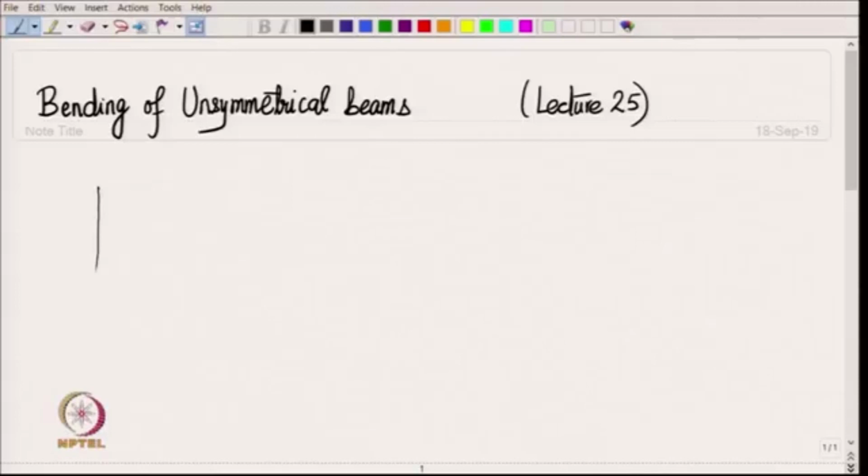Hello everyone, welcome to lecture 25, and the topic of today's discussion is bending of unsymmetrical beams. Till now we discussed the bending of symmetrical beams. For example, we had a rectangular cross section, with the neutral axis passing through the centroid, and we also had y and z axes with their origin at the centroid.